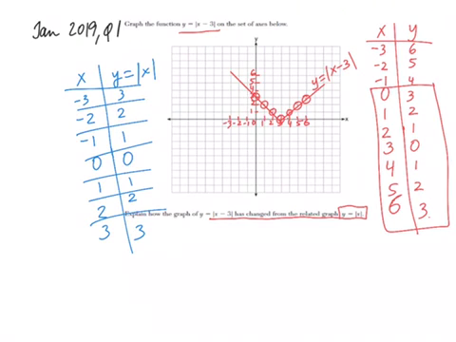So I'll draw it in blue so that we can compare. Okay, so they're asking how are the two graphs differing, or how has it changed?